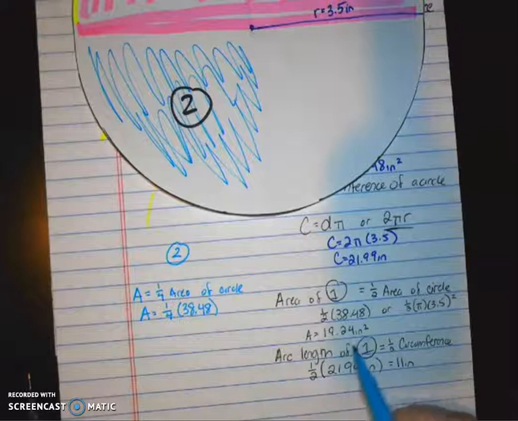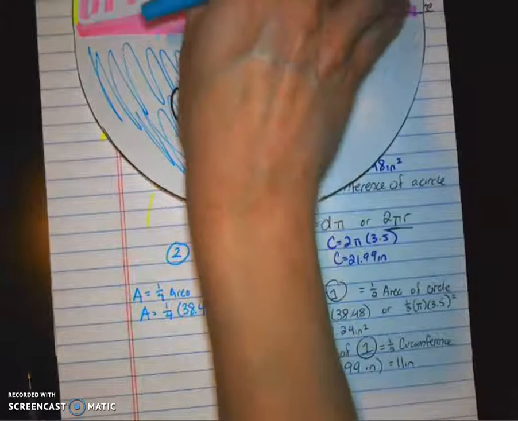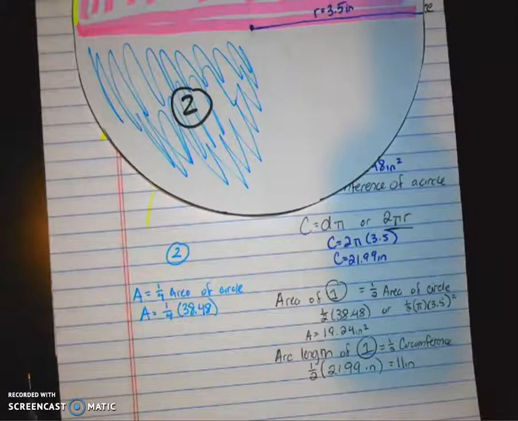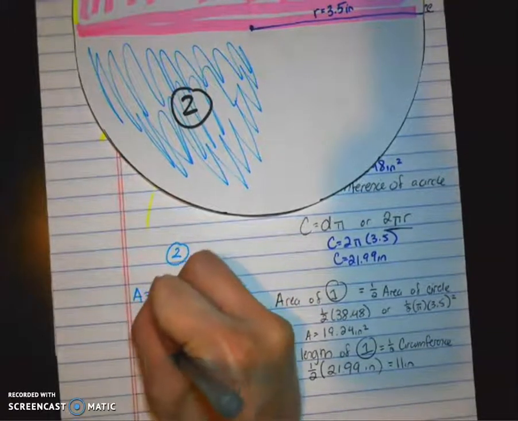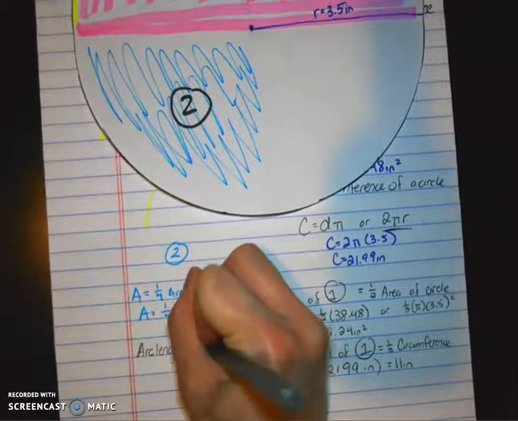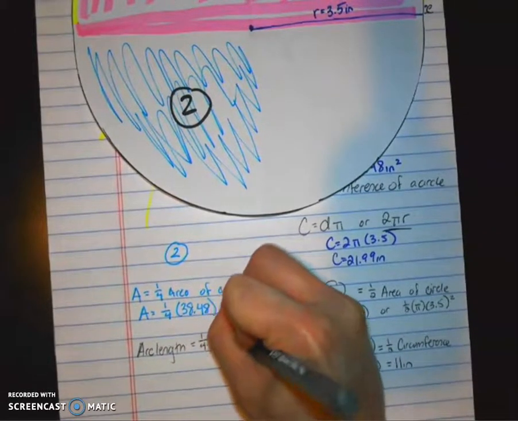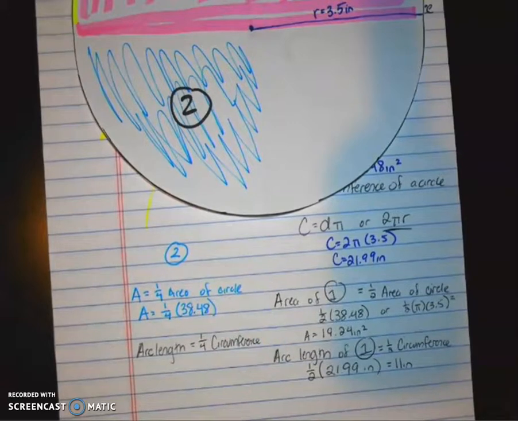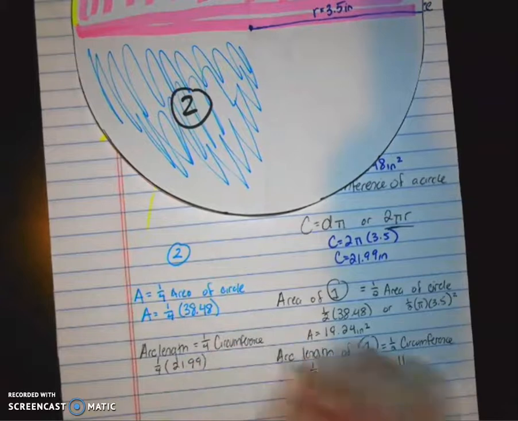You might also notice we could do 1/2 of this piece because we have now taken our semicircle and taken half of it. And we could use our calculator to evaluate what that is. We could also get that our arc length is going to be 1/4 of the circumference. So that would be 1/4 of 21.99.